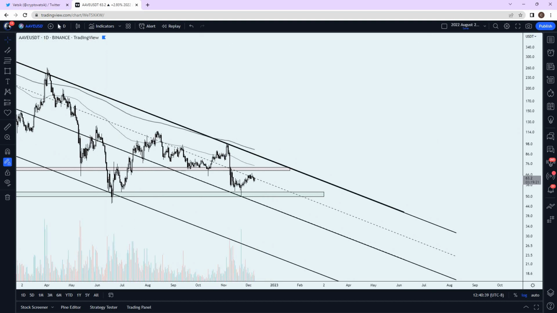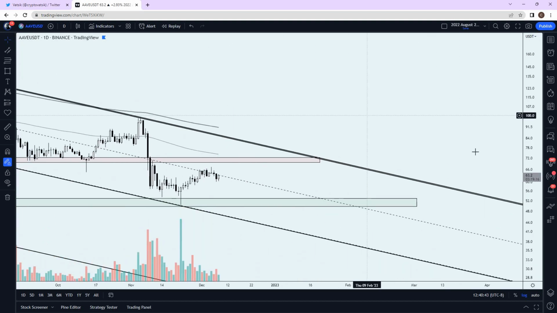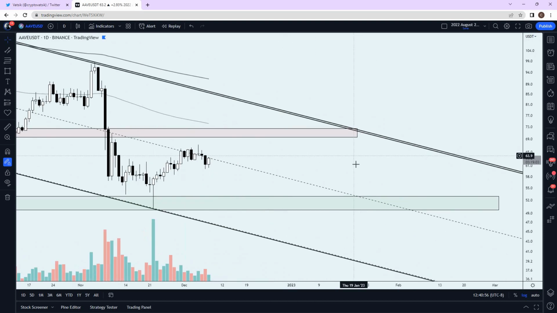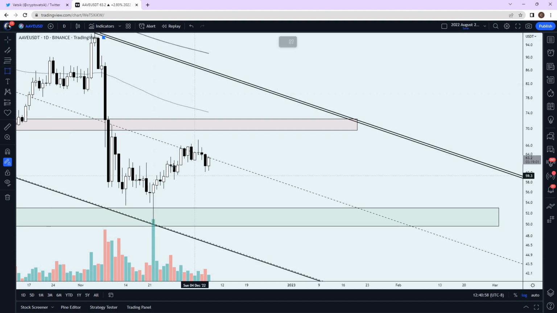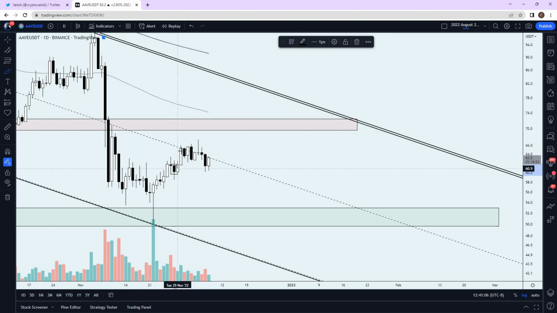Okay, so now let's zoom in and get our order blocks first on the daily. High time frame, daily, bearish and bullish order blocks. Our first order block here is going to be the bullish order block. This red candle, make it green, invalidated by this up candle, break of market structure. That's our bullish order block, currently retesting it.